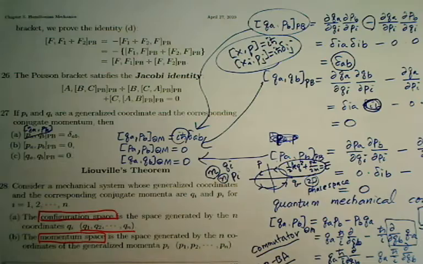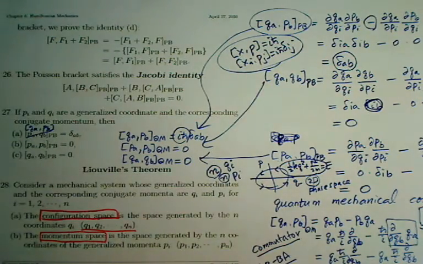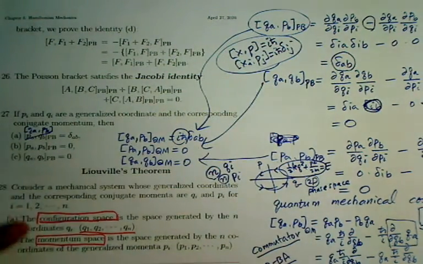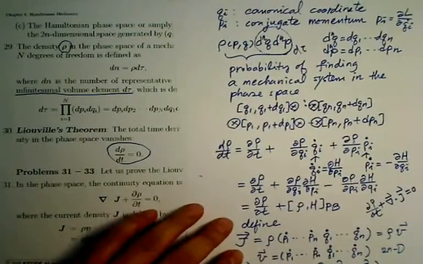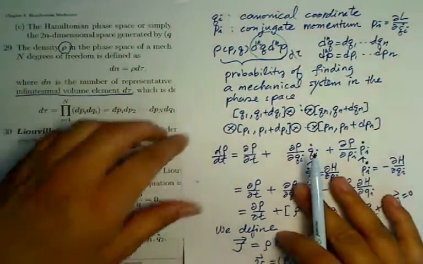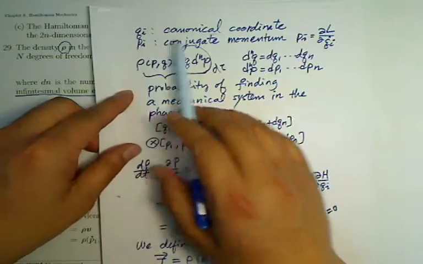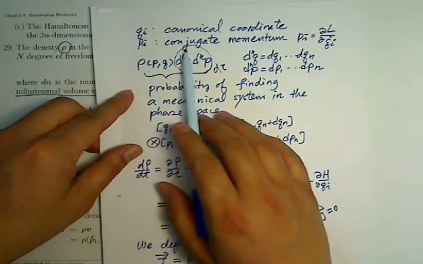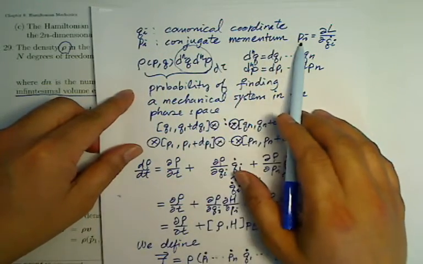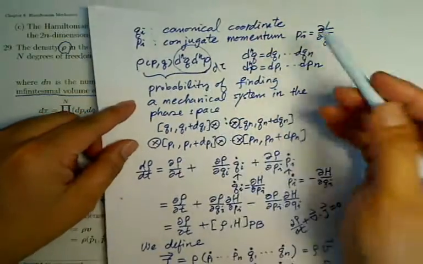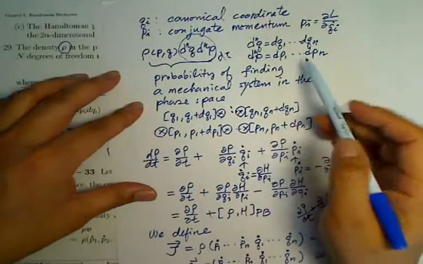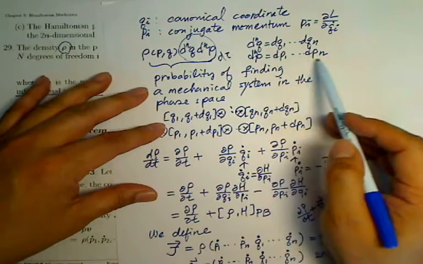So 2n coordinates. Thus, we have canonical coordinates and their conjugate momenta, and phase space is generated by n coordinates and momenta.